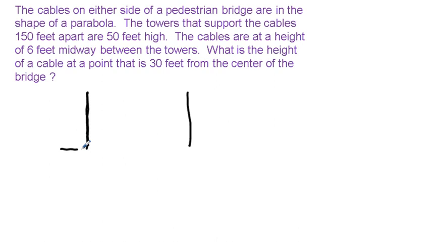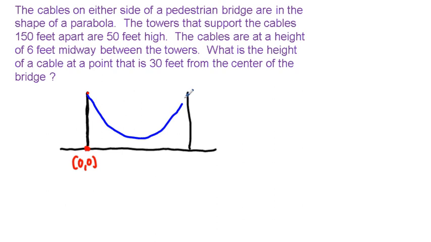I'm just going to put out an XY coordinate plane like this. So we have the point 0, 0, and a suspension bridge, a parabola that's suspended between these two towers and is going up like this. That's our point 0, 0.